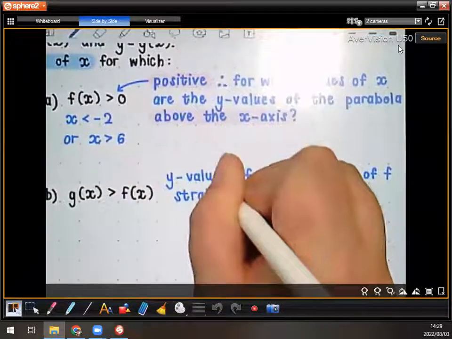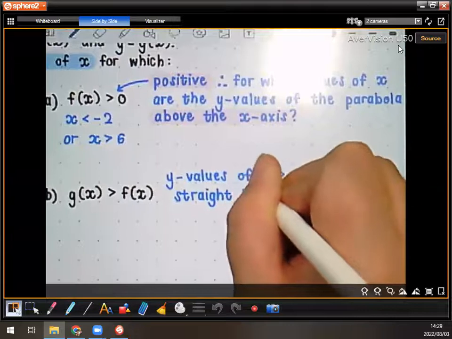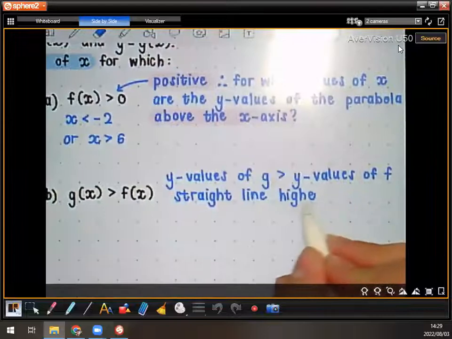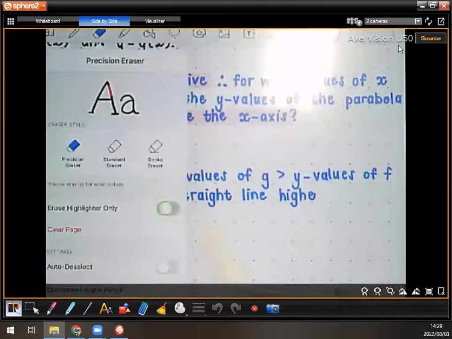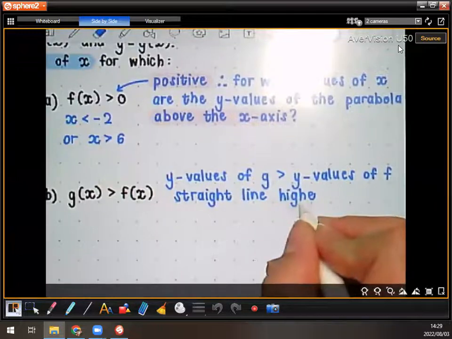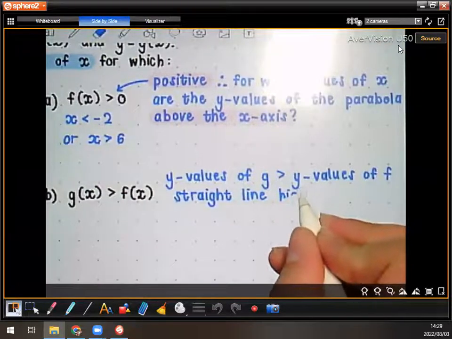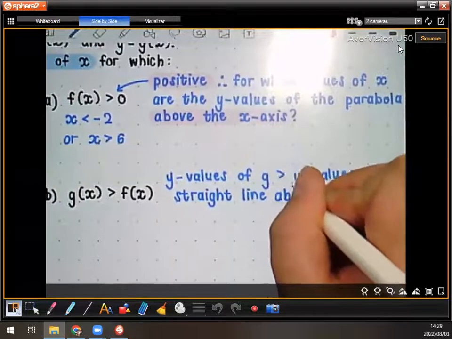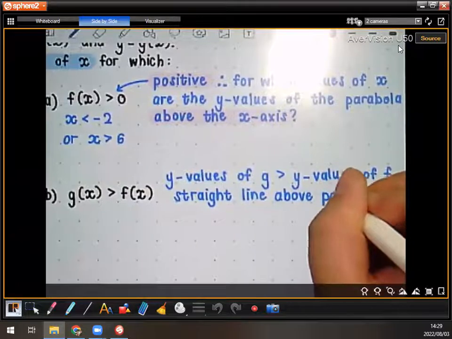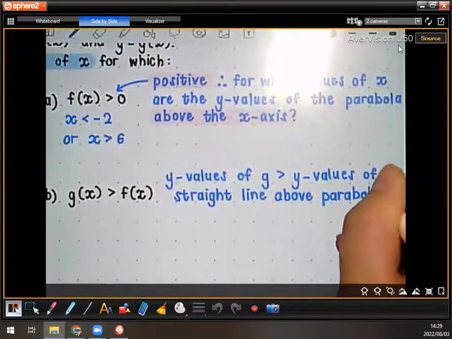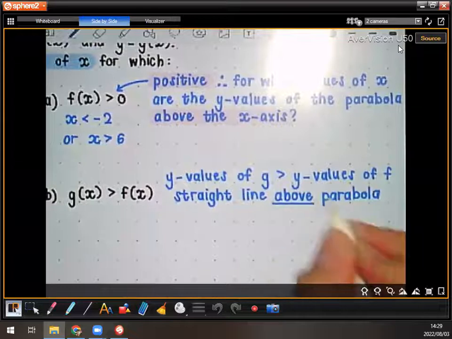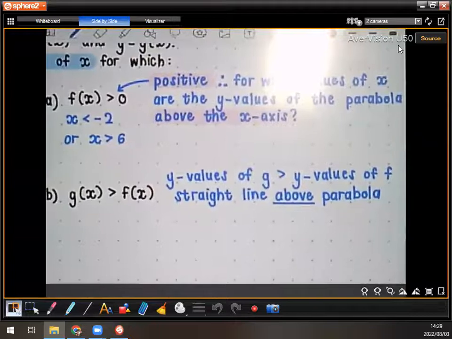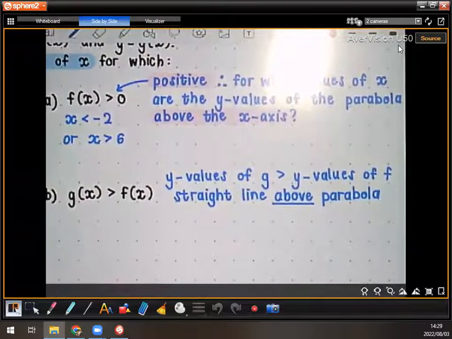Straight line above the parabola. So now we're not looking at the axis anymore. We're now actually looking at the one graph versus the other. And then again, our answer will be on the x line.